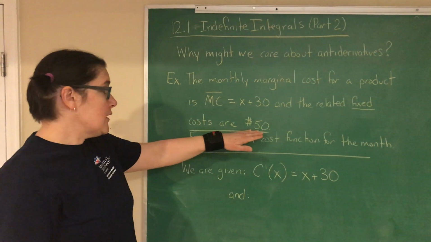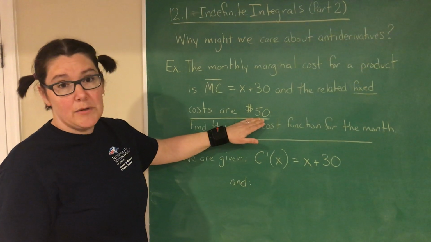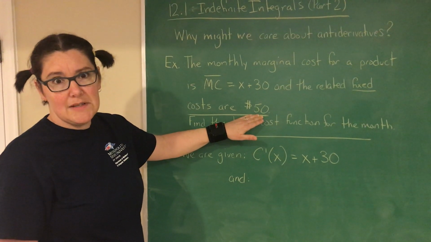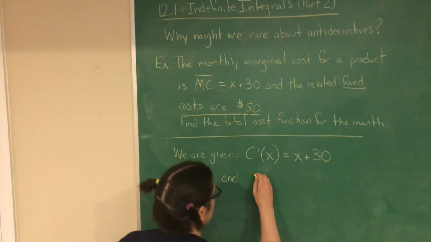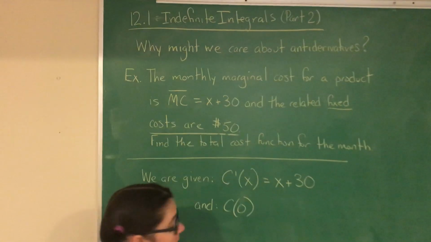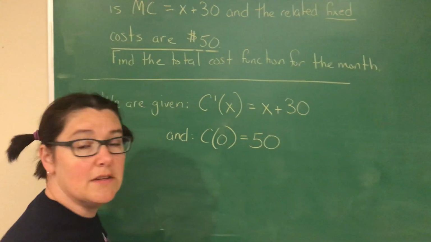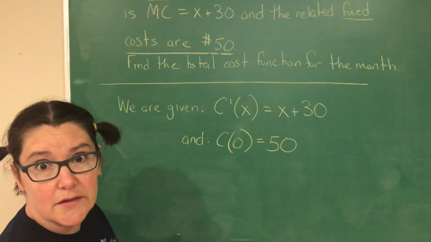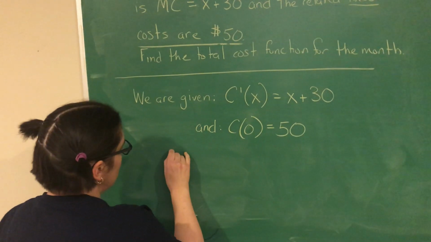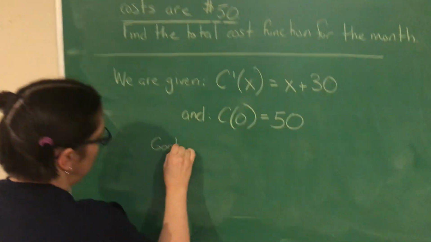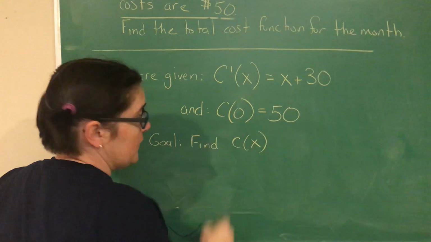So a fixed cost of $50 is the cost that your company will incur before they produce even one item or one unit. So this is the cost of producing 0 units. The cost of producing 0 units is $50. That's what we mean by fixed costs. Okay, so this is the information that we are given, and our goal is to find a formula for the cost function.